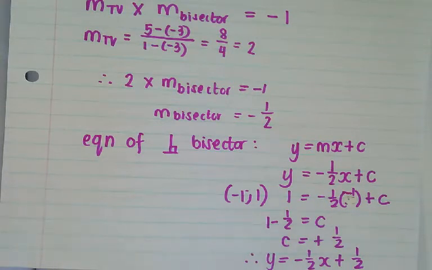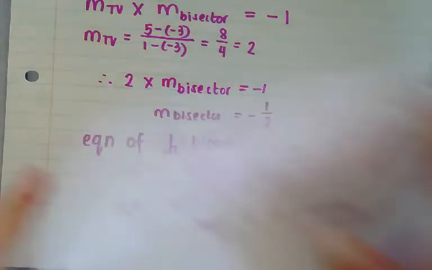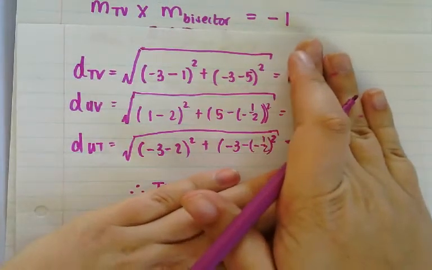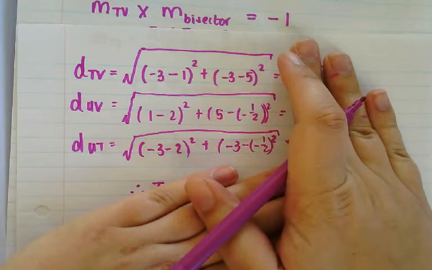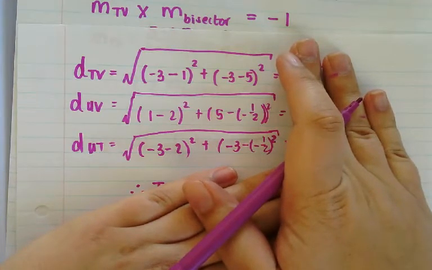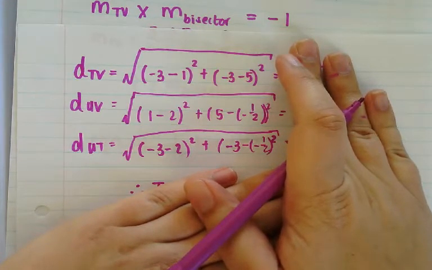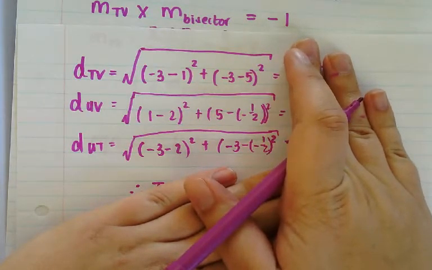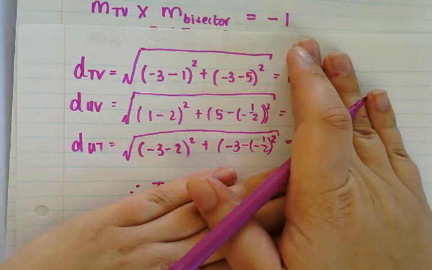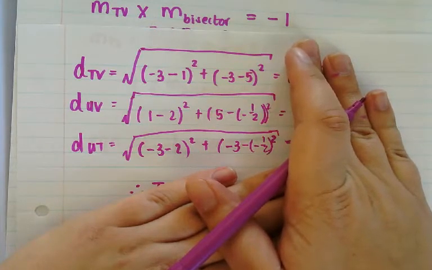Yes, Akram. Okay, so just calculating the distance of the 3 sides of the triangle, this is what it should look like. Distance of TV: the 2 x's squared plus the 2 y's squared, and square rooting that answer. Distance of UV, the x's squared plus the y's squared, protecting the negative.